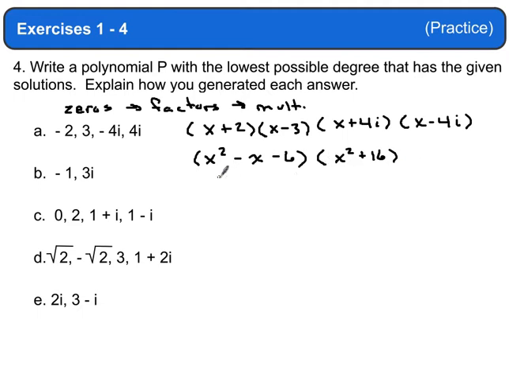And then we're going to multiply these two things together. So we'll get x to the 4th, because x squared times x squared. And then 16 times -x is -16x.